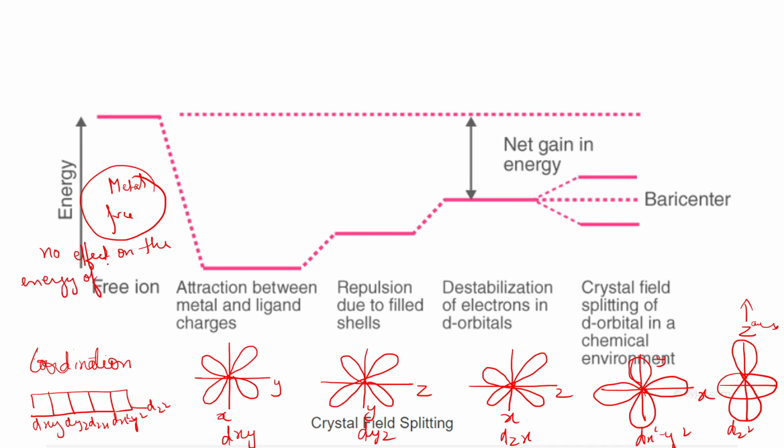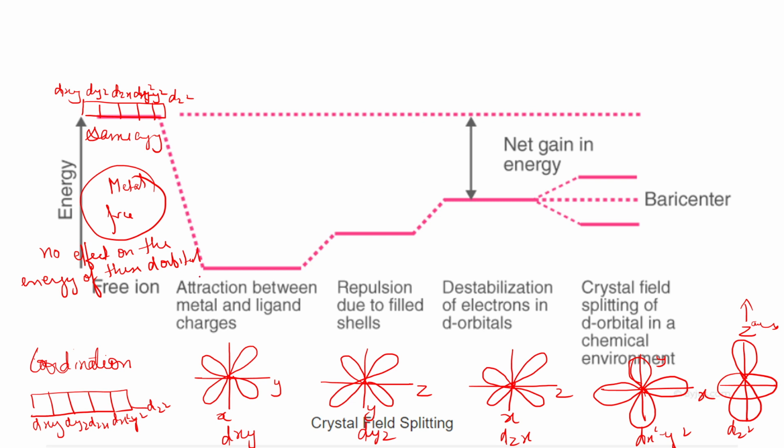All five orbitals, dxy, dyz, dzx, dx square minus y square, and dz square, have the same energy.